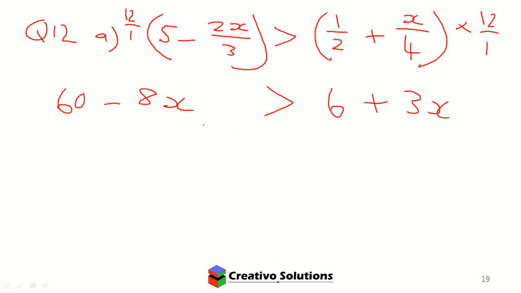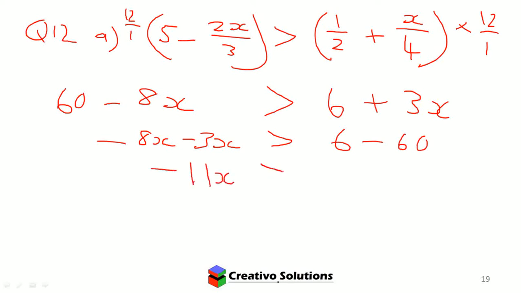All I need to do now is take the variables to one side. So I'm going to leave the 8x there, and I'm going to subtract a further 3x, giving greater than 6 minus 60. And that's going to give me negative 11x greater than 6 minus 60. 6 minus 60 gives you minus 54.